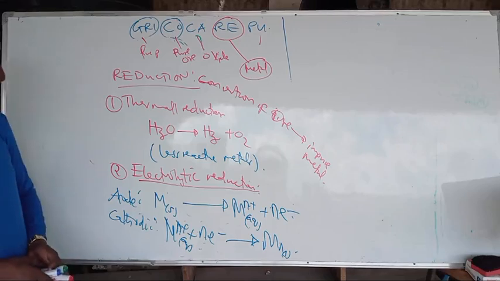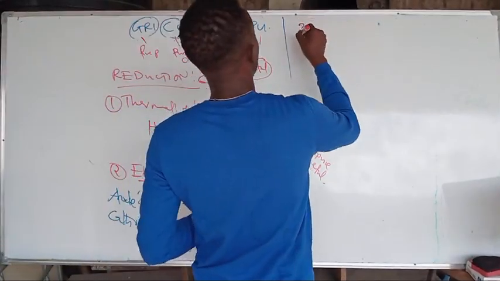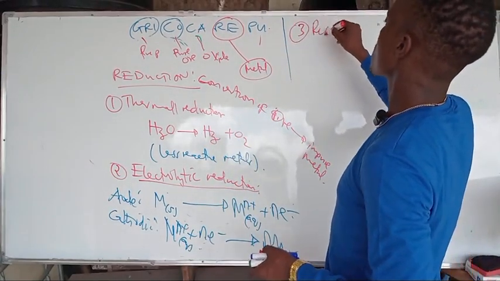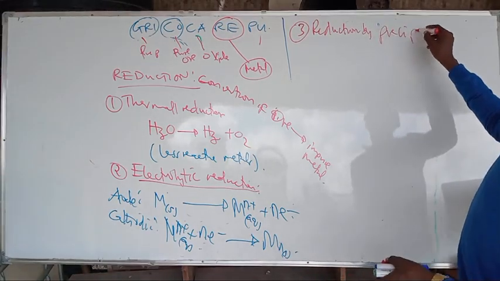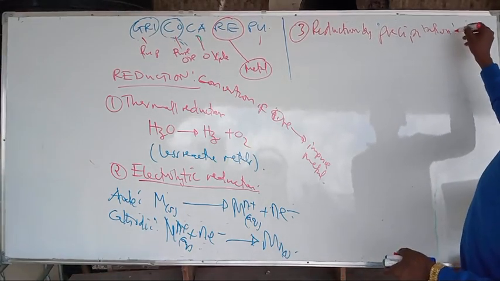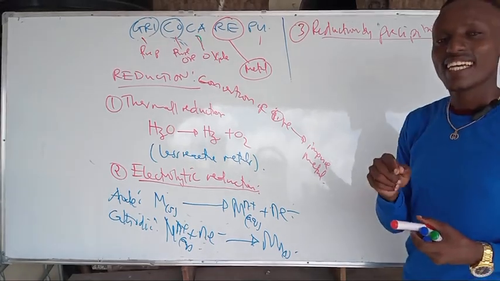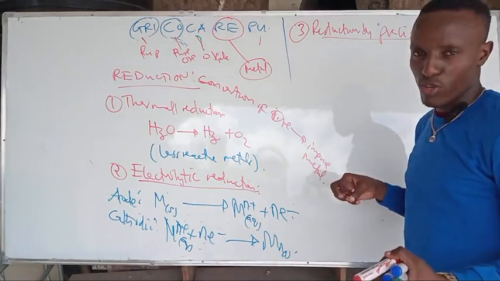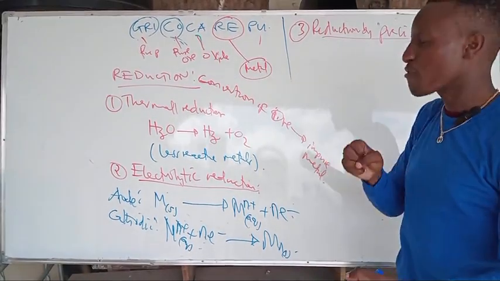The third thing that we need to discuss here is that it can be by precipitation. Reduction by precipitation. So what happens here in precipitation? You choose a specific reagent that can make the precipitates of a metal from its respective ions or the fused form.